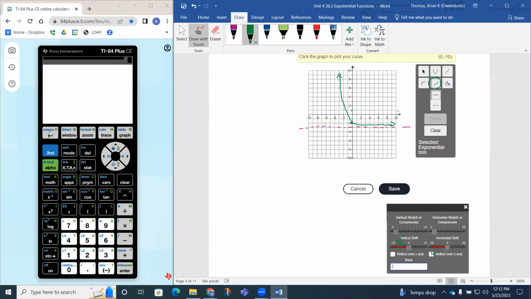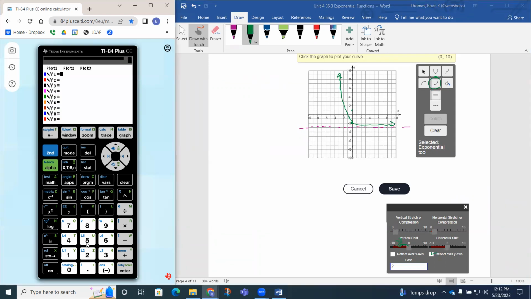If I want to double check myself at y equals, I can type in 4 to the negative x, come down, minus 3. If I graph that, that's how we get the same graph there. If I look at the table, you see the new y-intercept is 0, negative 2.